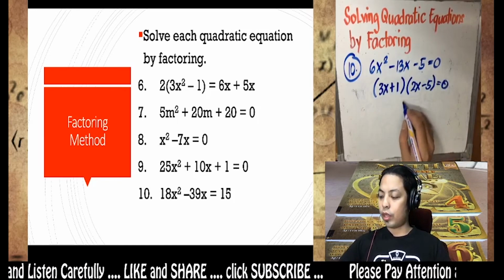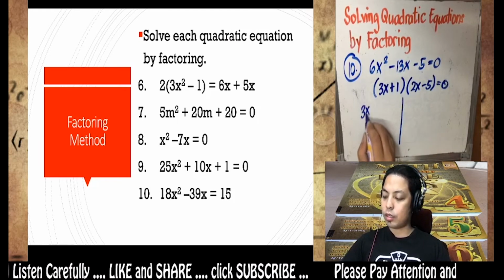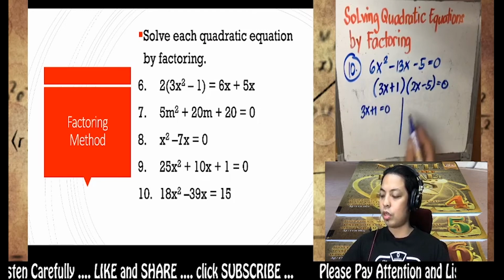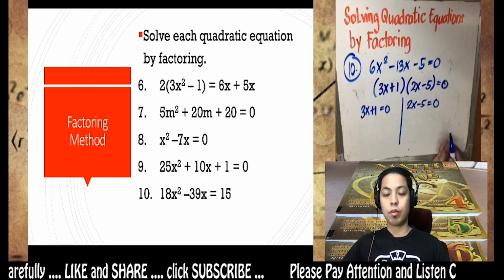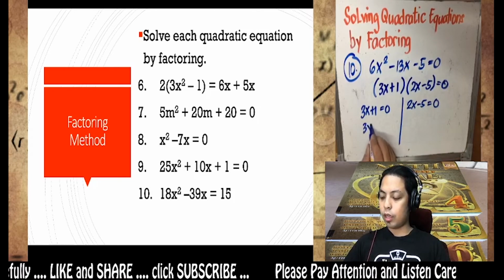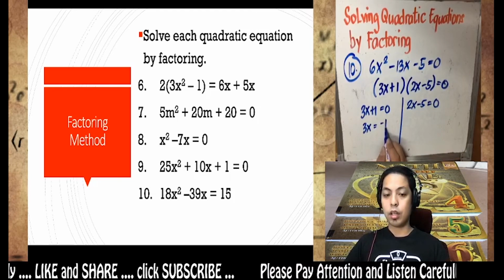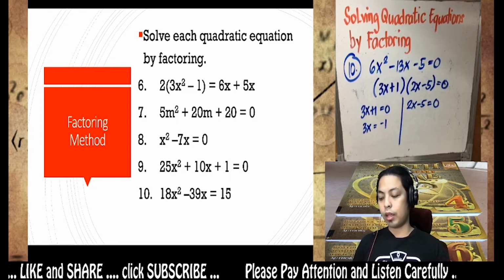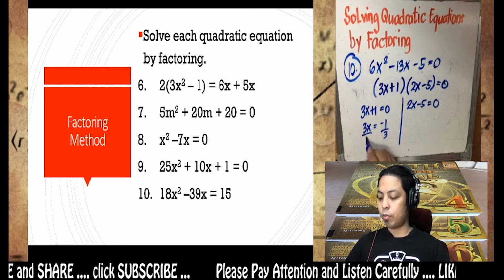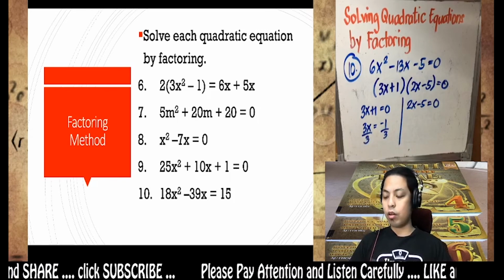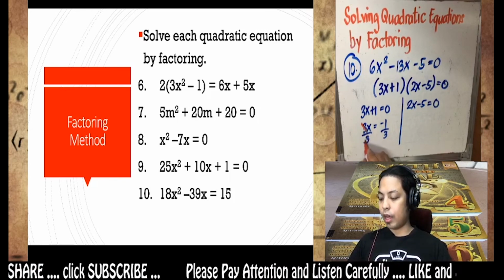So, equate natin 3x plus 1 is equal to 0, 2x minus 5 equals 0. So, 3x is equal to negative 1. Nilipat natin yung 1 sa kabila, naging negative 1. Divide both sides by 3. By 3, meron tayong cancel na mangyayari.